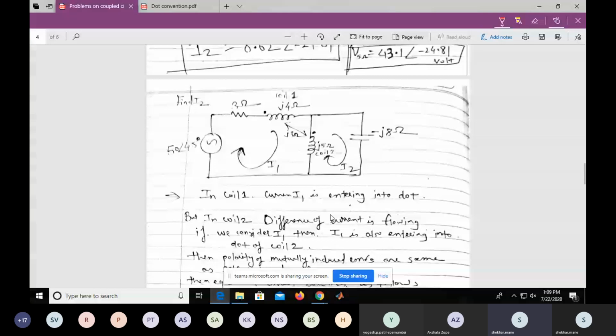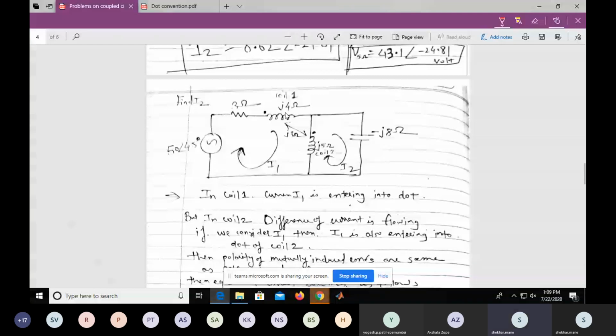Now see here, we'll see the second problem. See here, all of you. You have to solve this problem on your own. I will just explain the concept of this. Now see here, you have to find I2.